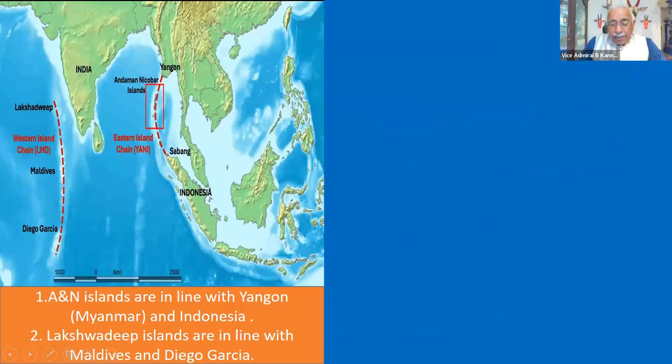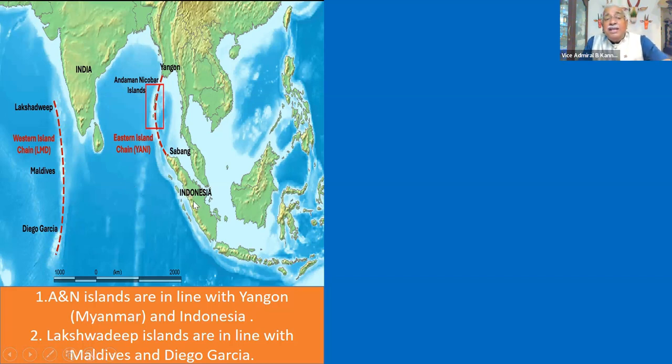India's islands are mostly what I have shown. There's Lakshadweep in this line, and there is Andaman and Nicobar in this red dotted line. These are referred to as the Western Island Chain. There's Maldives in that line, there is Diego Garcia in that line.